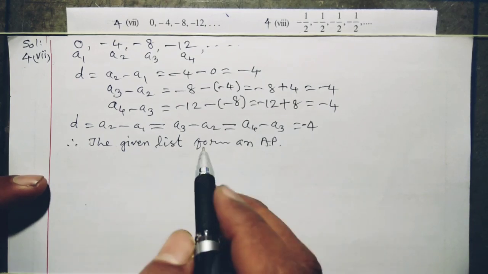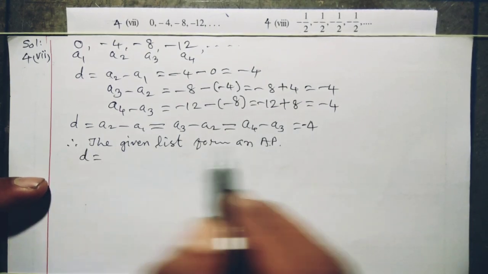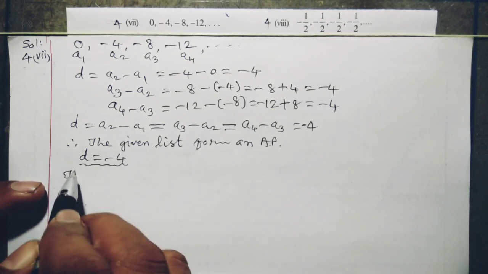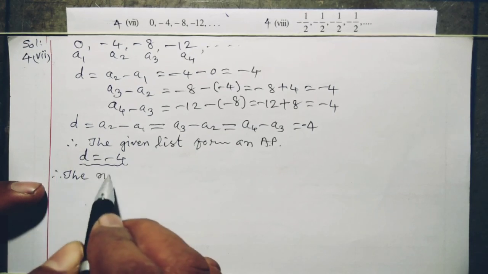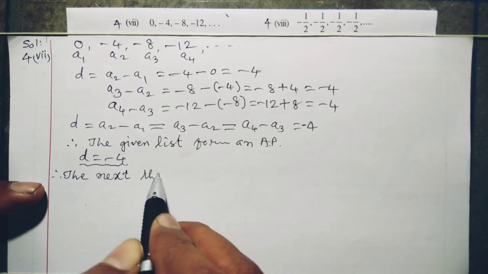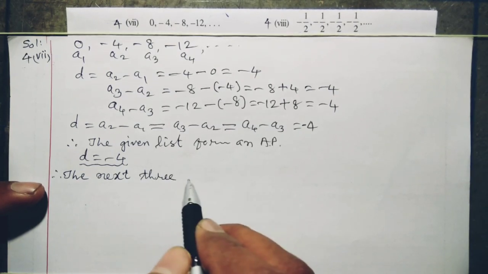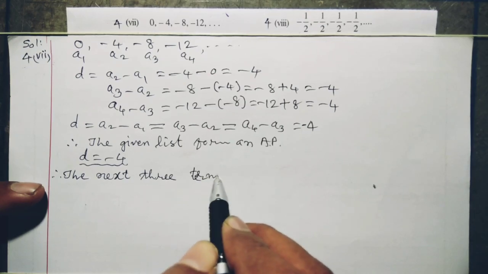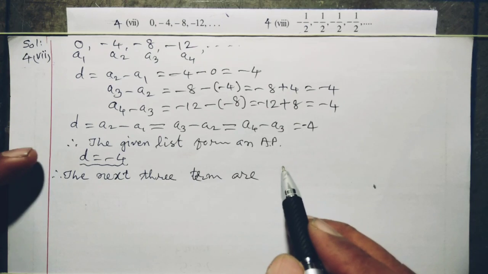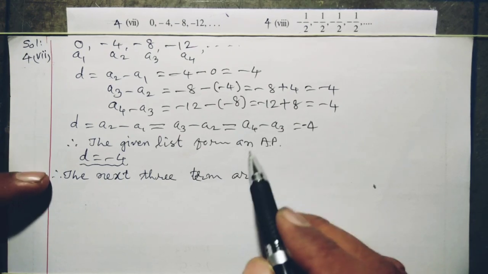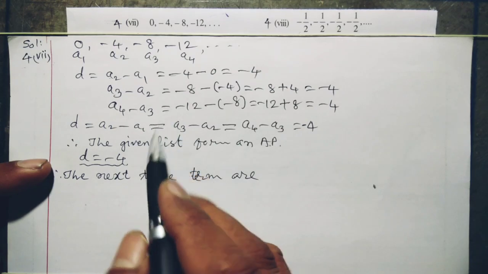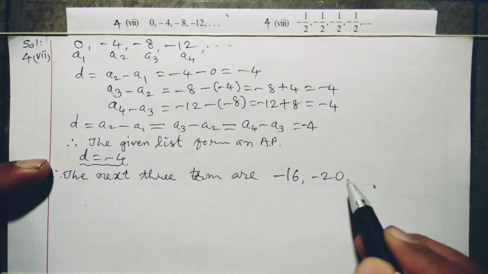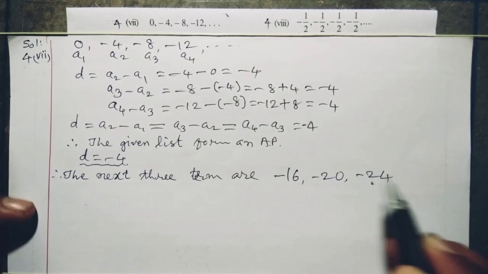So the common difference D is equal to minus 4, and the next three terms are, adding this common difference, minus 16, minus 20, minus 24.